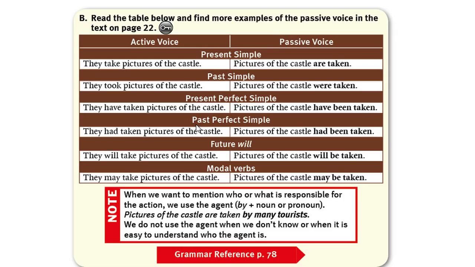Past perfect simple الماضي التام البسيط They had taken pictures of the castle. Pictures of the castle had been taken. شبيه بالمضارع التام البسيط، ولكن have تتحول إلى had لتصبح ماض تام بسيط.